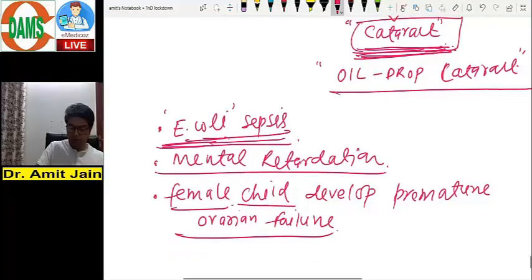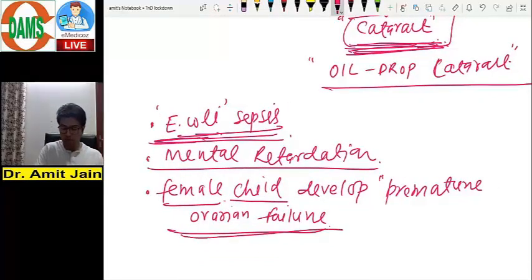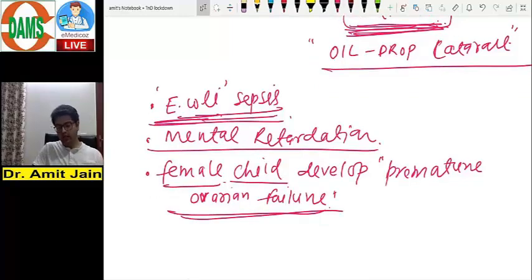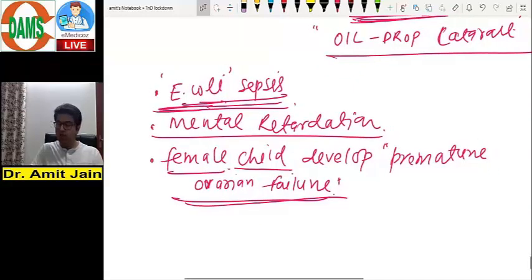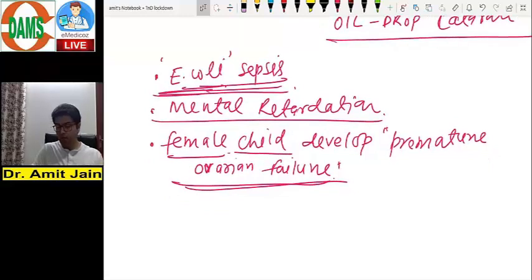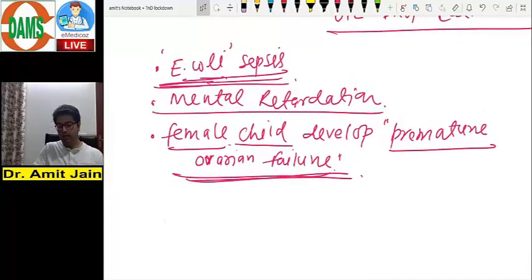So the female baby will have premature ovarian failure. Now these words may be a little big for you, but it's okay. I'm just telling you that in the female child, the female gonads will be affected, but not the male gonads, right? You can understand this later on in your MBBS life. You will read it again later in your medicine or pediatrics.